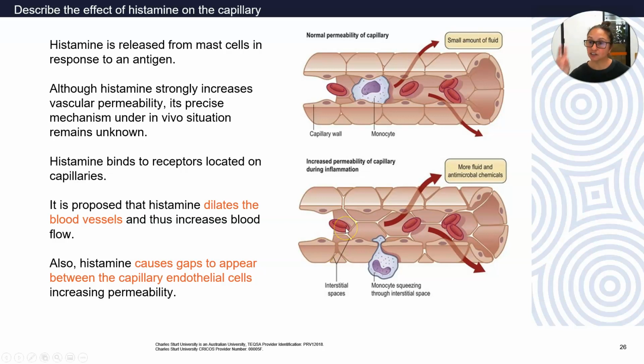Okay, so that's two things that you need to remember about histamine, and you're going to see that later on when we do inflammation. Histamine causes vasodilation and causes increased capillary permeability because those endothelial cells are now pushed further apart and now there are more gaps. See here, no gaps? Gaps. Okay, yay.